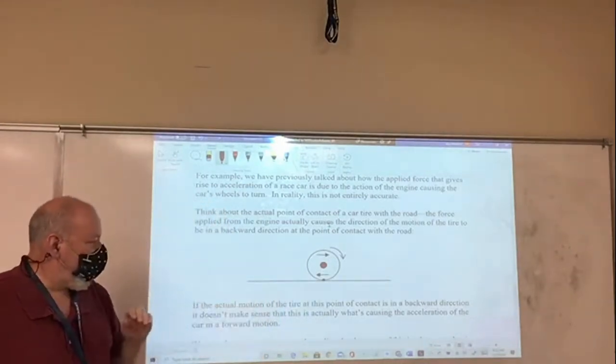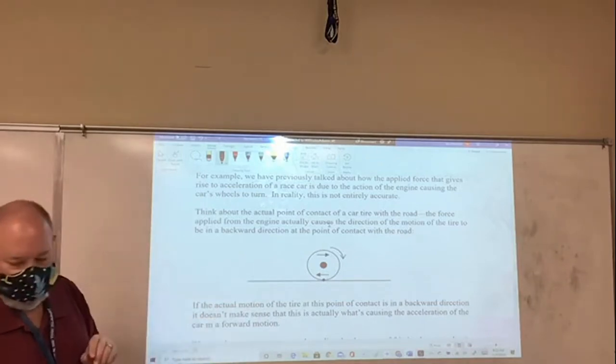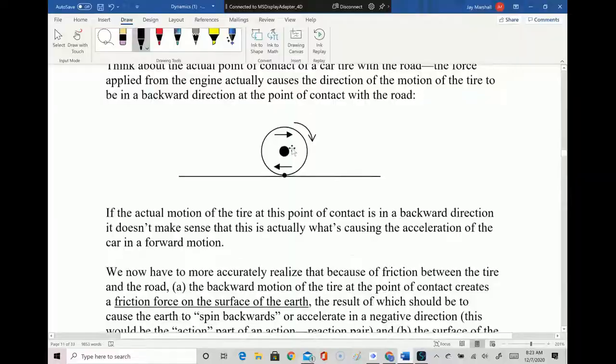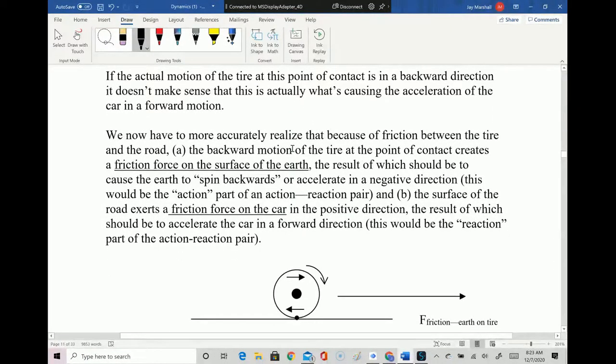If the actual motion of the tire at the point of contact is in a backward direction, it doesn't make sense that this is what's actually causing us to move forward. So what we now need to realize is that because of the friction force between the tire and the road, the backward motion of the tire at the point of contact creates a friction force on the earth, right?